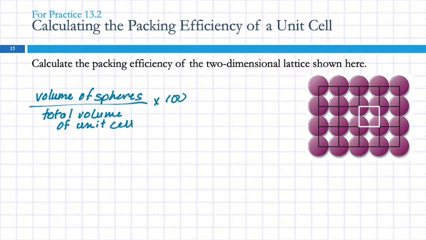Okay, so this isn't volume, right? Because this is two-dimensional. Sorry, I'm messing up your notes. So this is going to be area, the area of the circles divided by the total area of the unit cell.